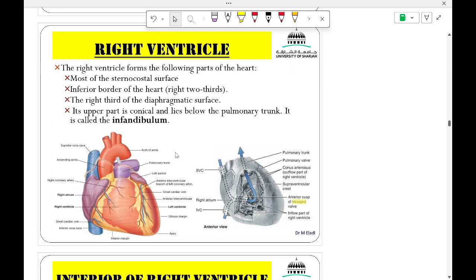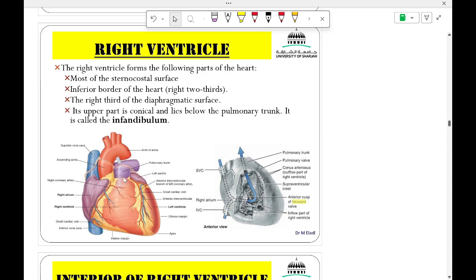Now, the right ventricle, as I said earlier, is going to form most of the sternocostal surface, and it's clear in this picture that it is forming most of the sternocostal surface. Part of the diaphragmatic surface, essentially just the right third of it, and the inferior border of the heart, almost right 2/3. I already mentioned these, so I'm not going to be stressing a lot on these right now.